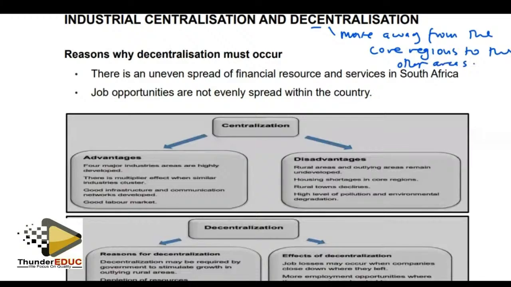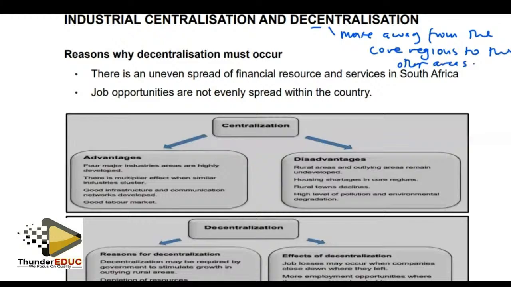Like we saw, industries could cluster in one particular area because of given factors. To decentralize means those industries now disperse away.